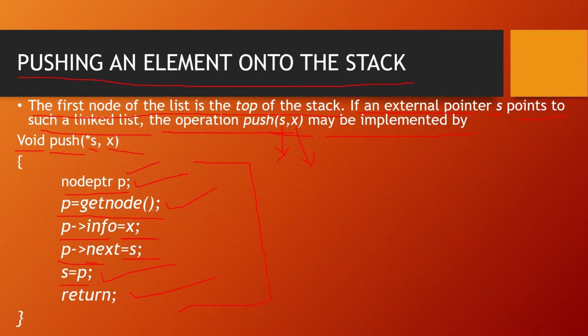The getNode function provides us the address of the node from the available list that we provide to P. Then we copied the information X into the info part of P. Then we copied the value of S into the next part of P, and then we copied the value of P into S, that is, the address of the starting node into S. Now S points to P, which becomes the new top of the stack, and then we return from the program.